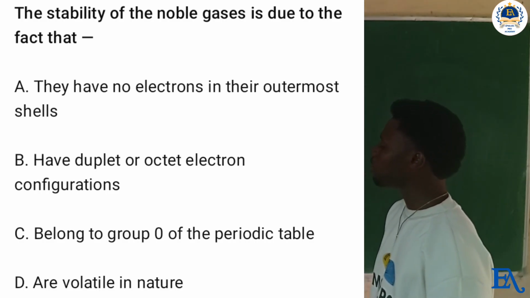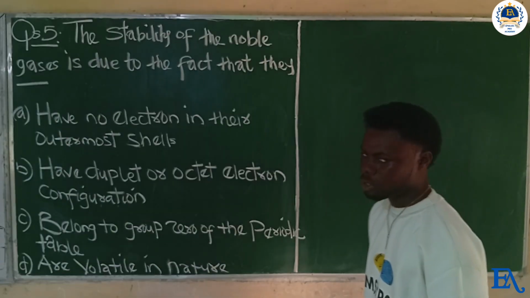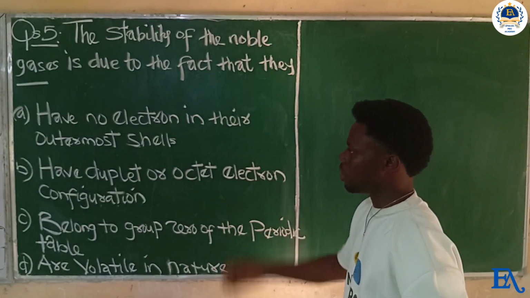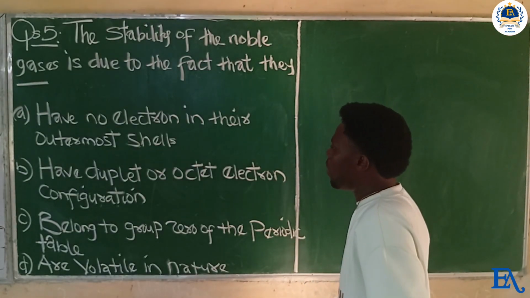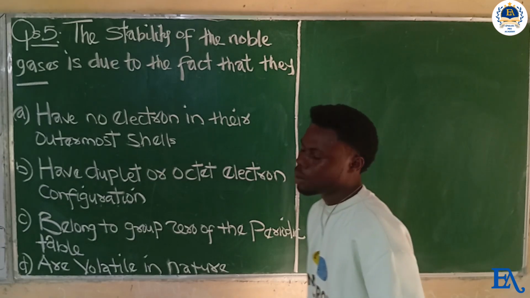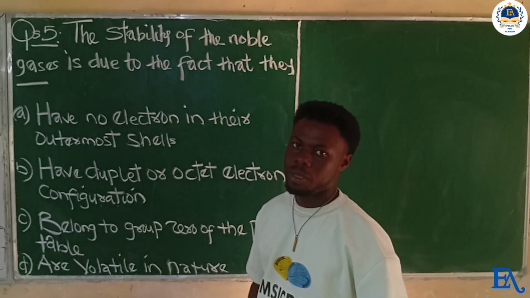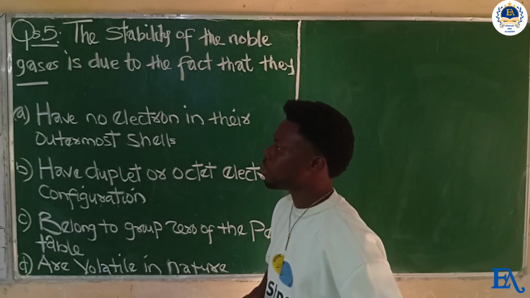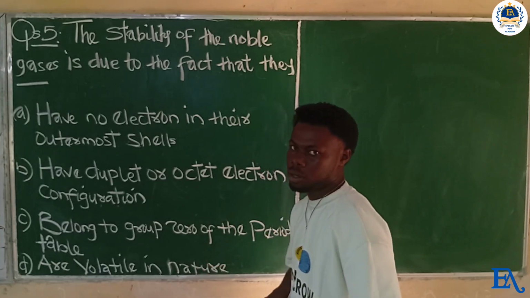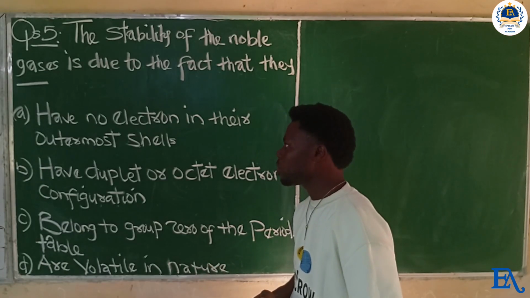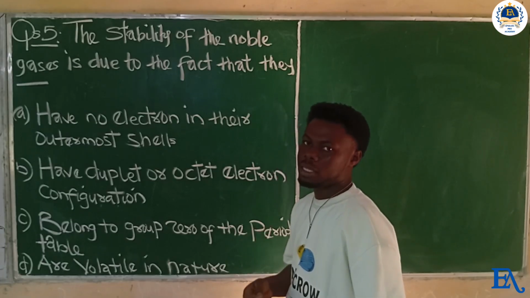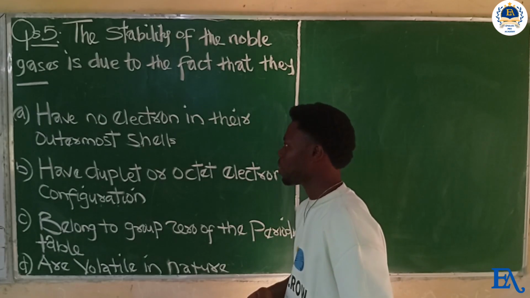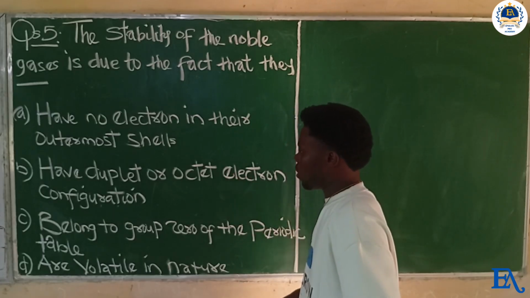Option D, are volatile in nature. Alright, so the correct option, let's start with option A. Option A, no electron in their outermost shell. That is wrong. The noble gases are basically the group 0 elements or the group 8 elements. So they have the complete electrons in their outermost shell or in the last shell. So option A is wrong.